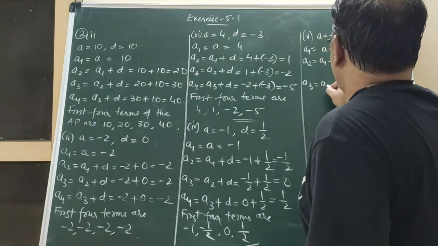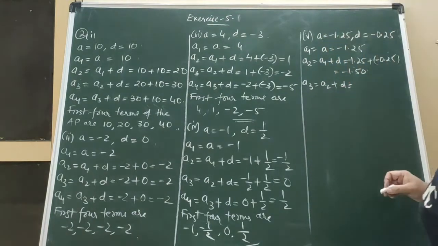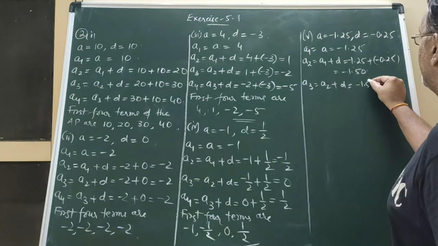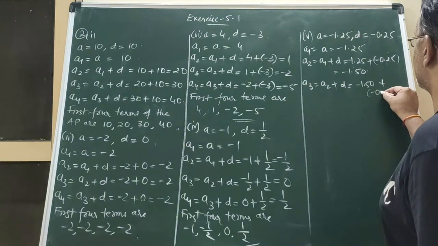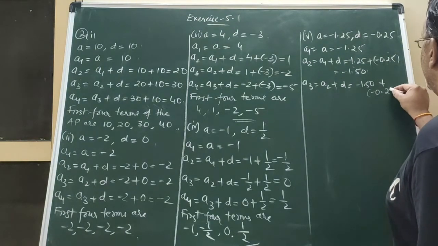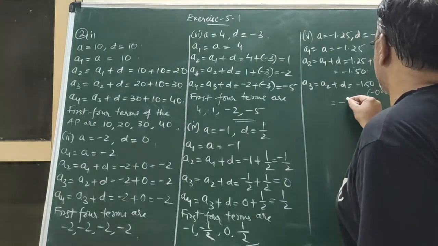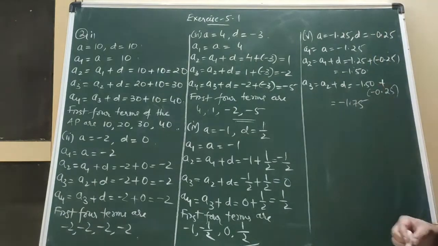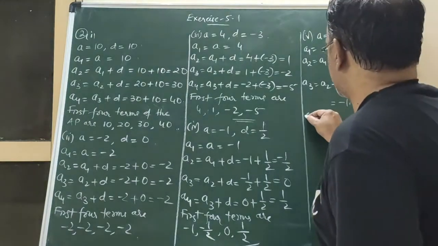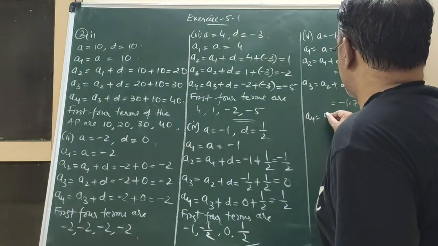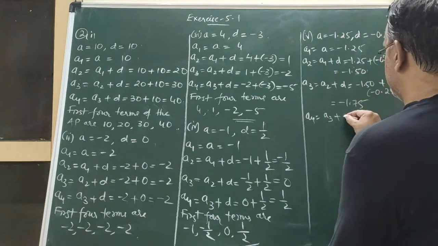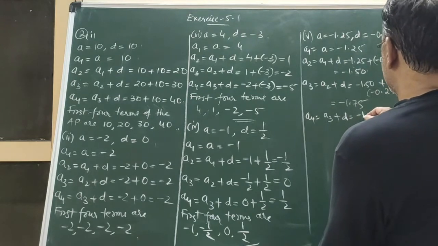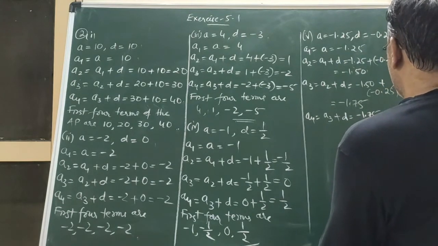A3, A2 plus D. A2 is -1.50 plus -0.25, ये हो जाएगा -1.75. Okay. Now the last, A4 is A3 plus D. Okay, A3 is -1.75 and D is -0.25.